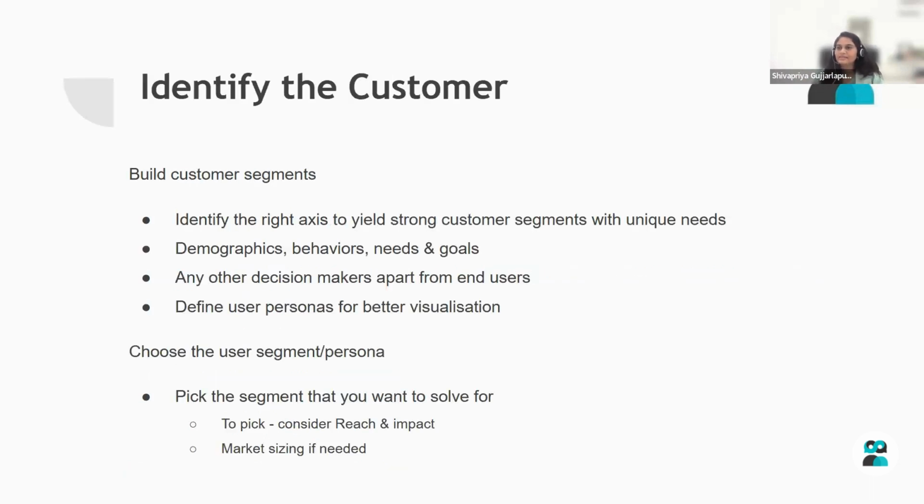So the next step is identifying the customers. For a question, there can be a bunch of customers who can use the product. As part of scoping, it's good for us to have some set of customers, and it's good to use techniques like picking the demographics, behavioral needs, use cases, what the customer is looking for, and age groups. All of these ways can be used to segment customers.